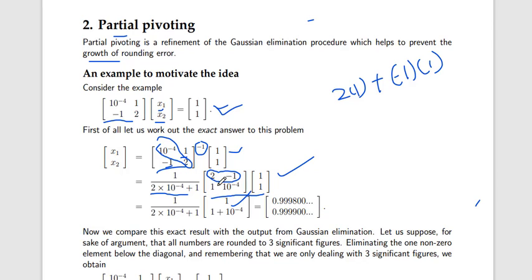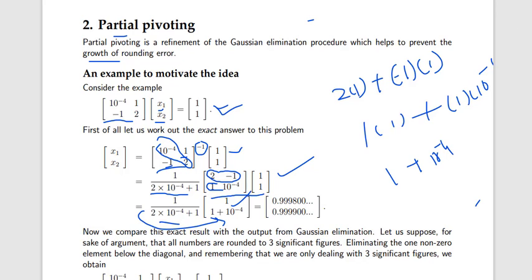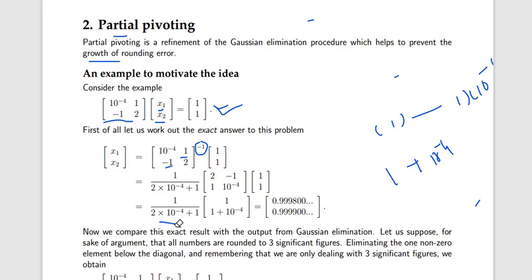Then second row and first column, 1 into 1 plus 1 into 10 raised to minus 4. So we get 1 plus 10 raised to minus 4, and if this scalar quantity remains in the multiplication of the matrices, we get the answer x1, x2 equal to 0.999, 0.999. So this is A inverse with the help of b.